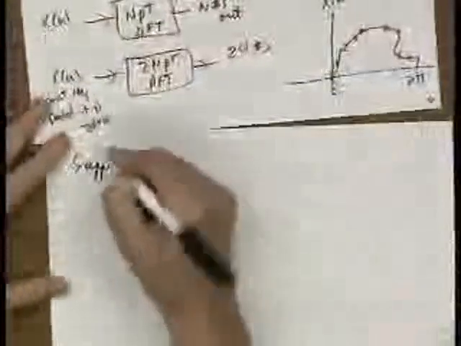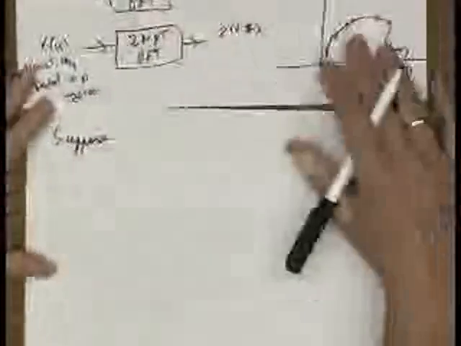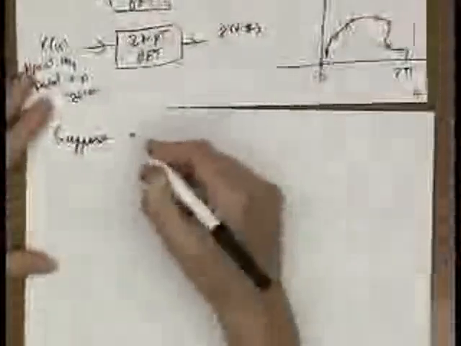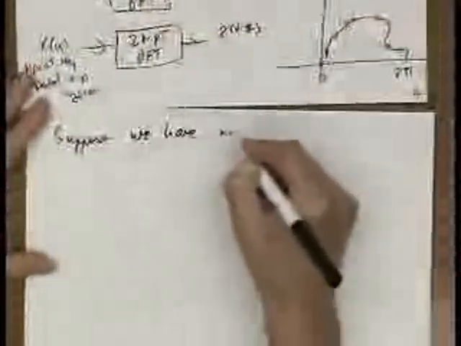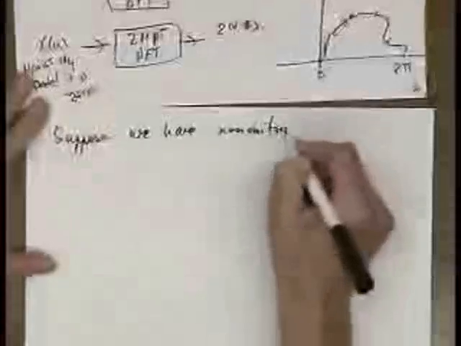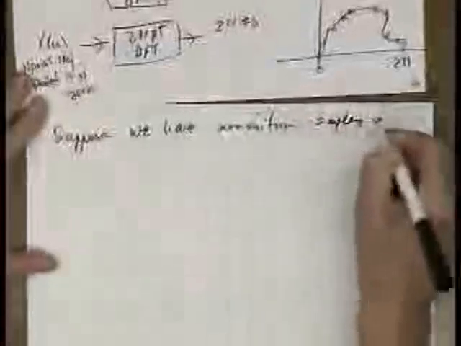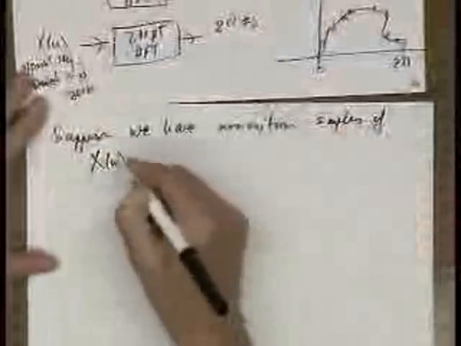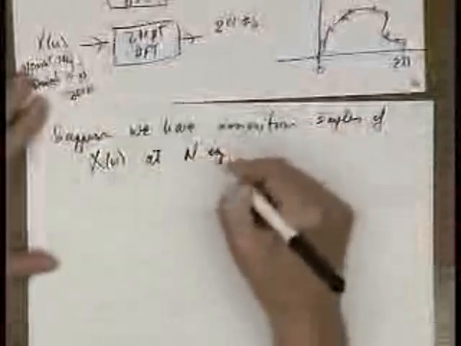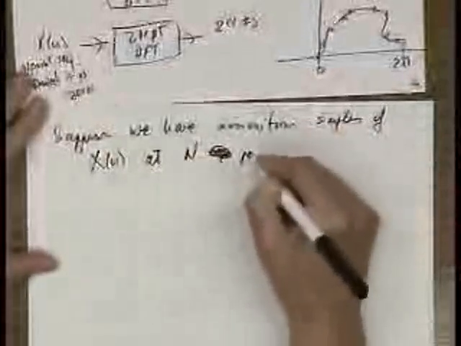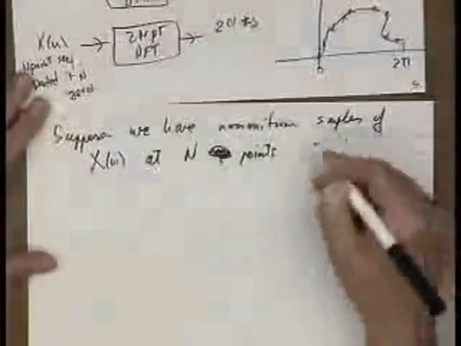So this is a side comment. It's not really related to the main topic of today's lecture, but it's interesting. Suppose we have non-uniform samples of X of omega at n points, non-uniform, not equally spaced.